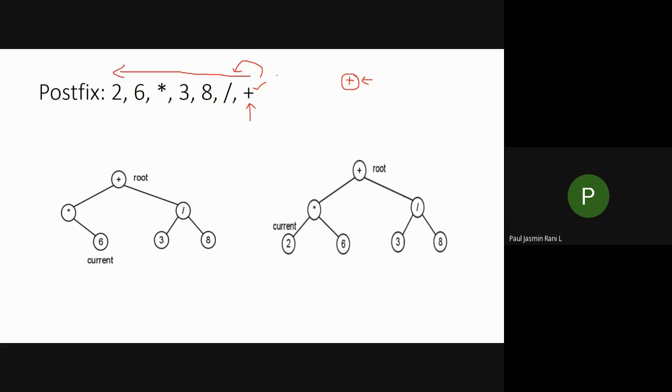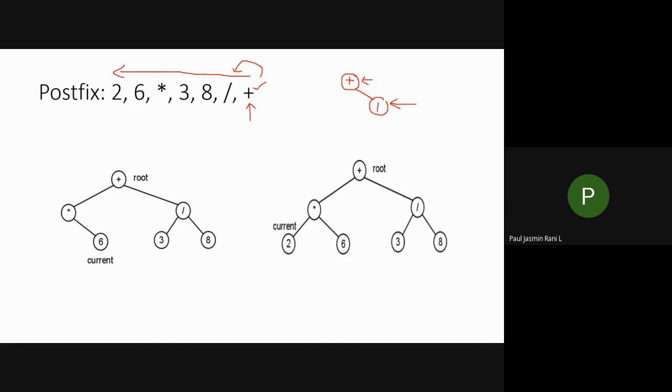For this expression, I have to give preference to the right side, that is the right child of the current node. So I have to create another node, and I have to insert this slash over here, and this should be placed on the right side of the current node. Now after doing this, this node should be marked as the current node.